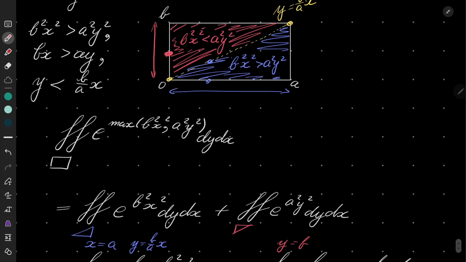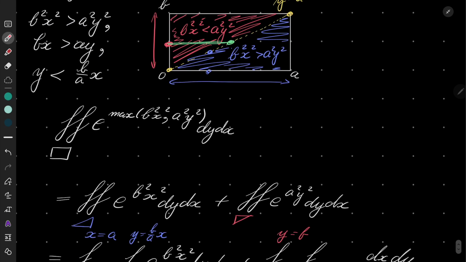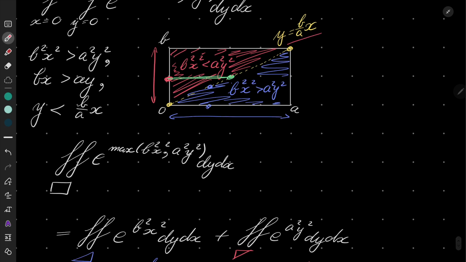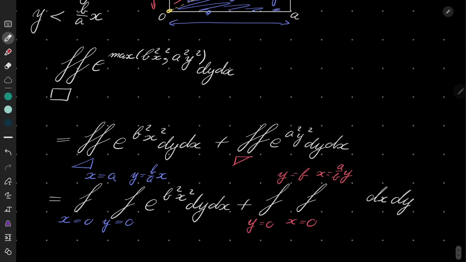If we have chosen some y, at this altitude, then x goes from 0 up to this point on the diagonal. And if you remember, y is b over a times x, so x is a over b times y. And we are integrating e to the power a squared y squared. Very well.